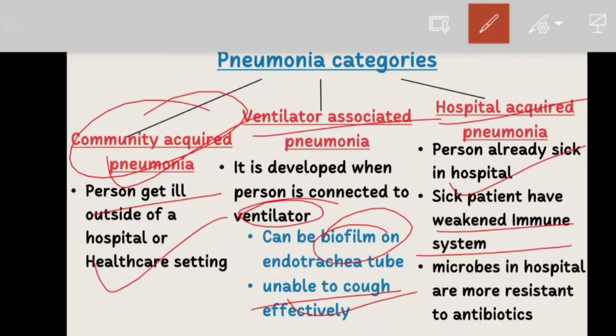Because hospitals contain bacteria that are more resistant to antibiotics, and hospitalized patients usually have weaker immunity. For example, a patient is admitted after a road traffic accident. After 4 days, he develops fever and cough. Chest X-ray confirms pneumonia. So this is hospital acquired pneumonia.